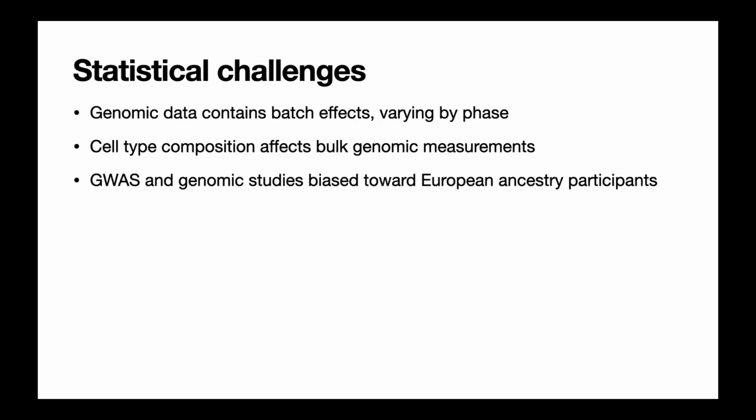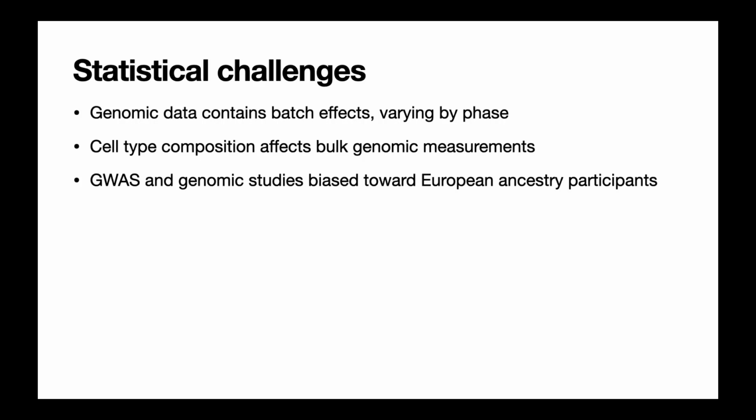When we look at risk for diseases based on genotype, so we can look at genome-wide association studies, we have to consider the fact that those have heavily been skewed towards European ancestry.